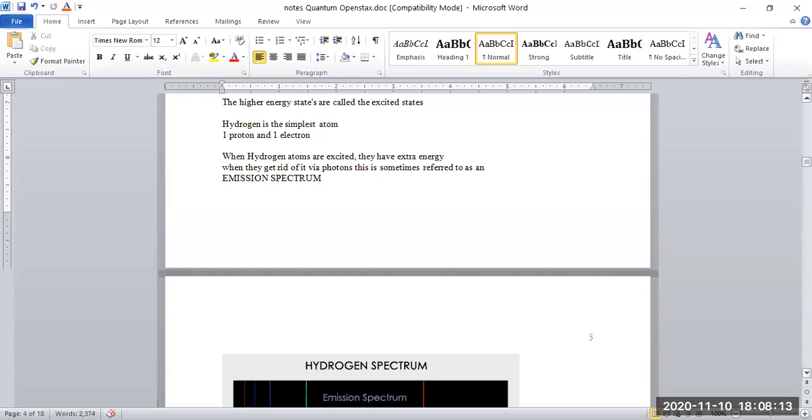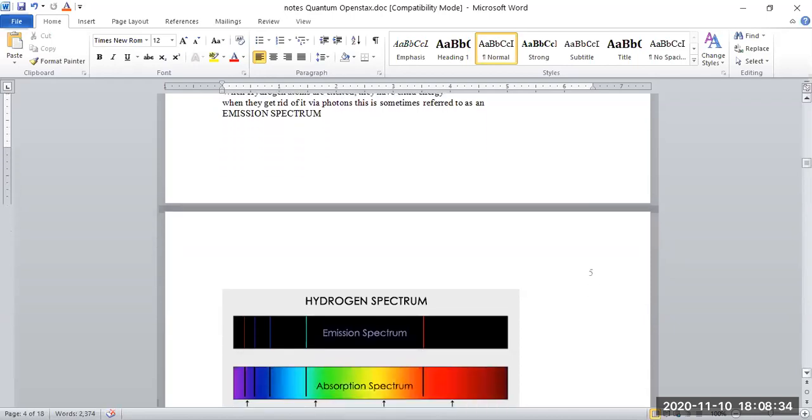We've got one proton and one electron. But hydrogen is a gas, therefore we can put it in a gas discharge tube. We can add extra energy, but that extra energy doesn't hang around. And what you get is something referred to as an emission spectrum.